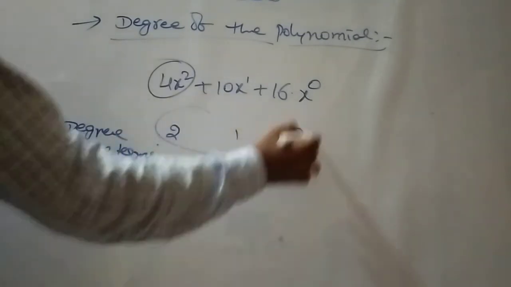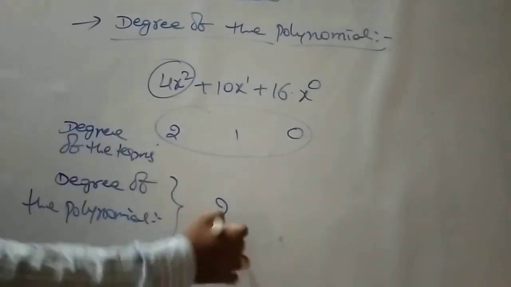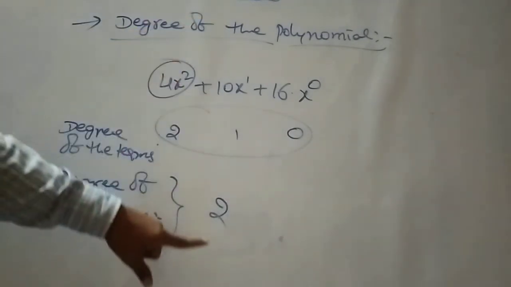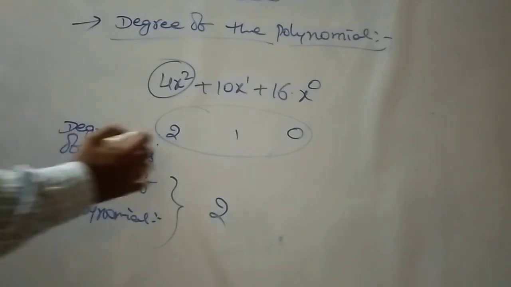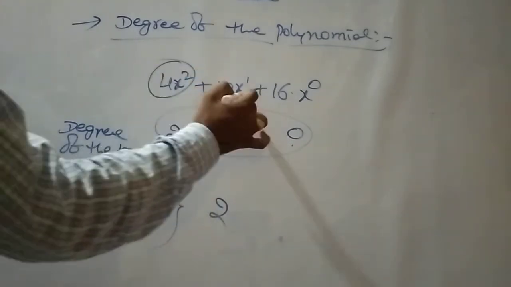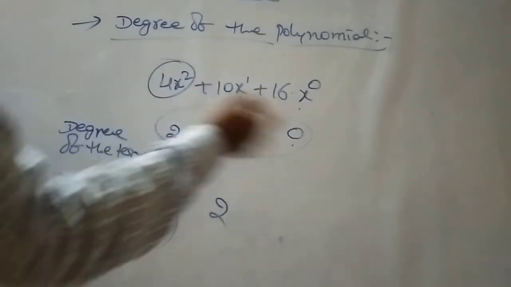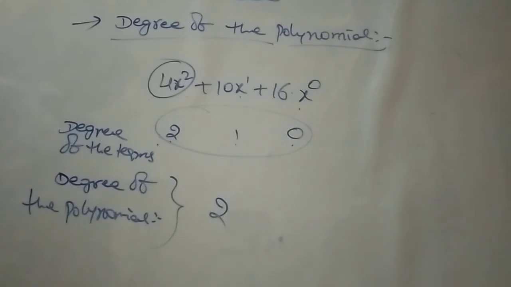In these 3 numbers, which one is the largest? 2. Now the degree of the given polynomial is 2. Now how to define the degree of the polynomial? The largest degree of its variable terms. We need to check all the terms.